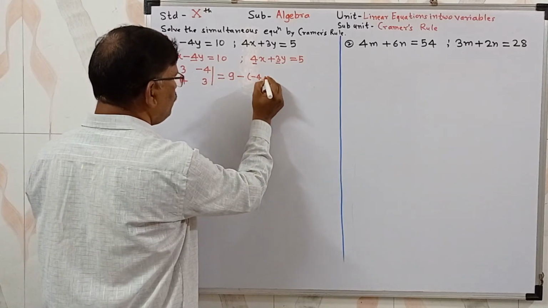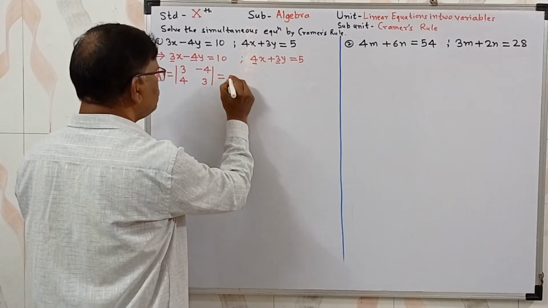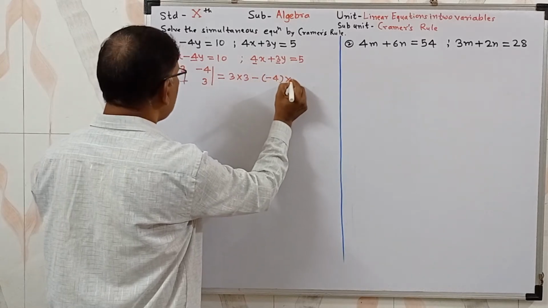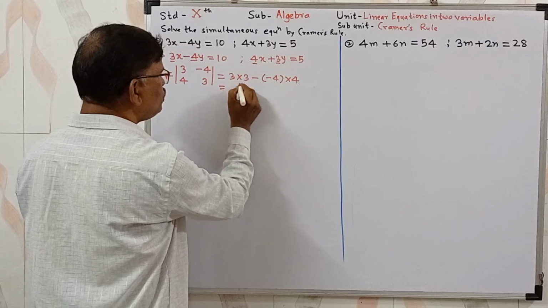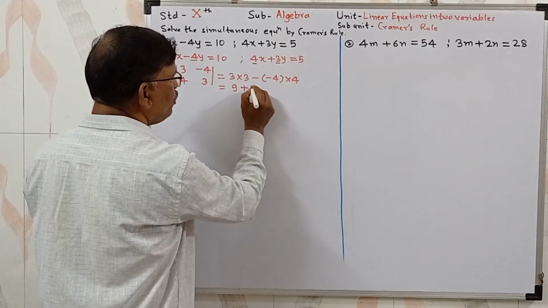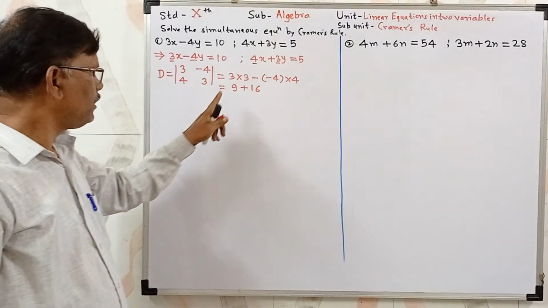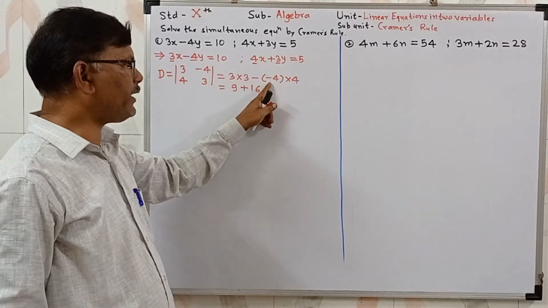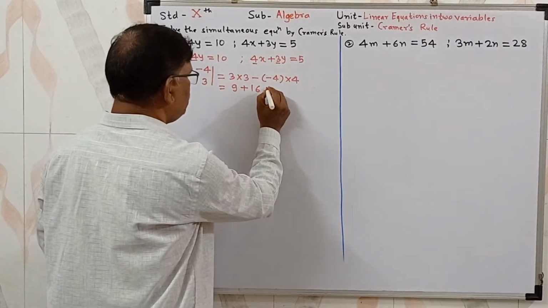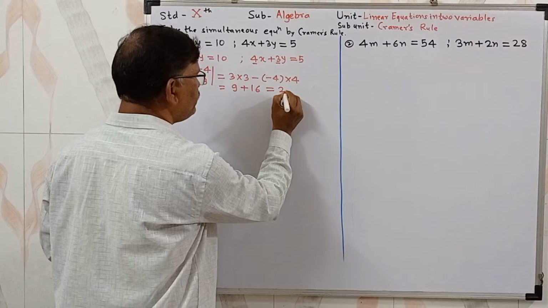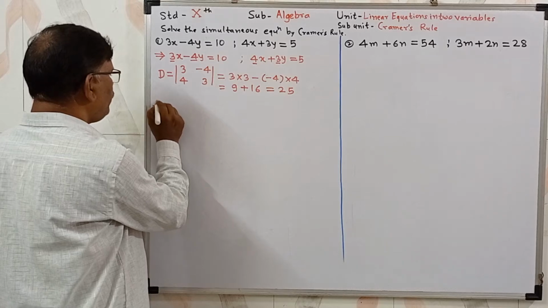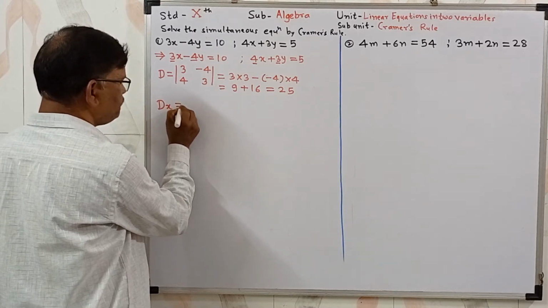Minus into minus is plus, and 4 into 4 is 16. Understood? So the value of D is equal to 25.